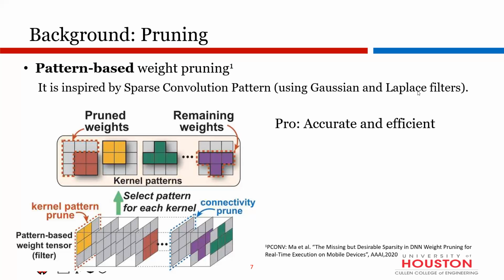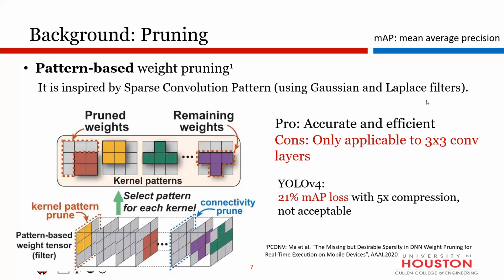And these Gaussian and Laplace filters were originally used for image smoothing or image sharpening to increase the image quality, so that using the specifically designed patterns, we can recover or even improve the model accuracy and avoid overfitting. So this kind of pattern-based pruning can achieve high accuracy and hardware-friendly models.